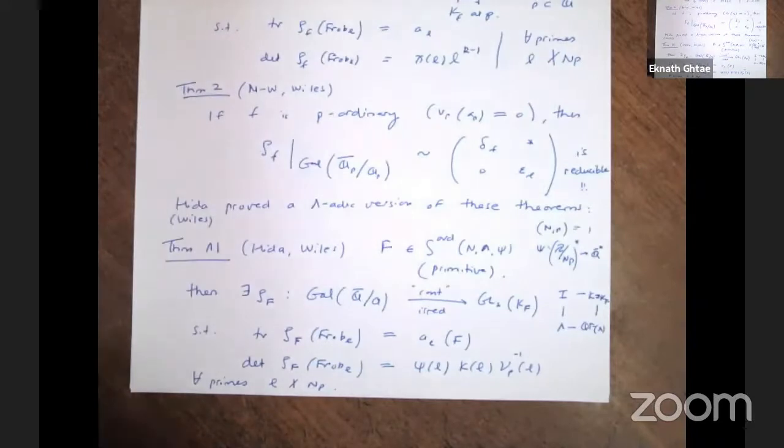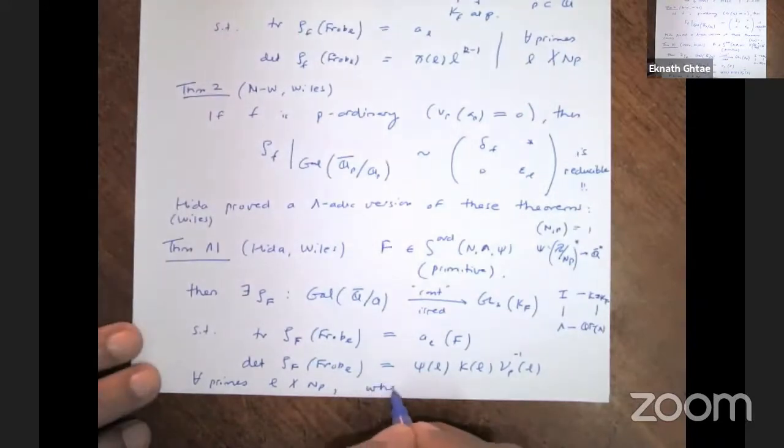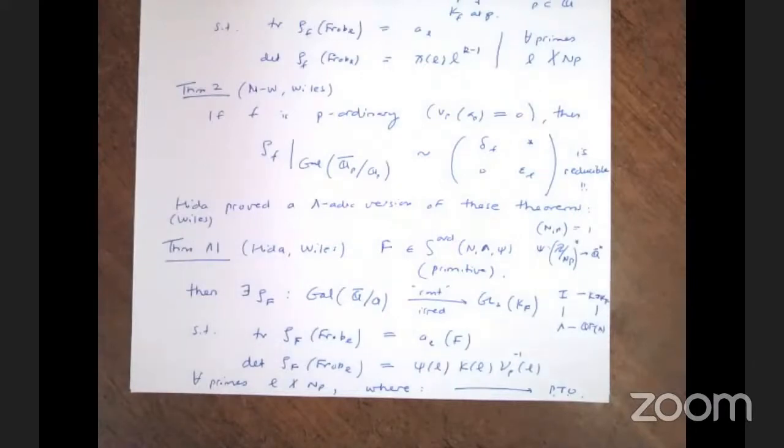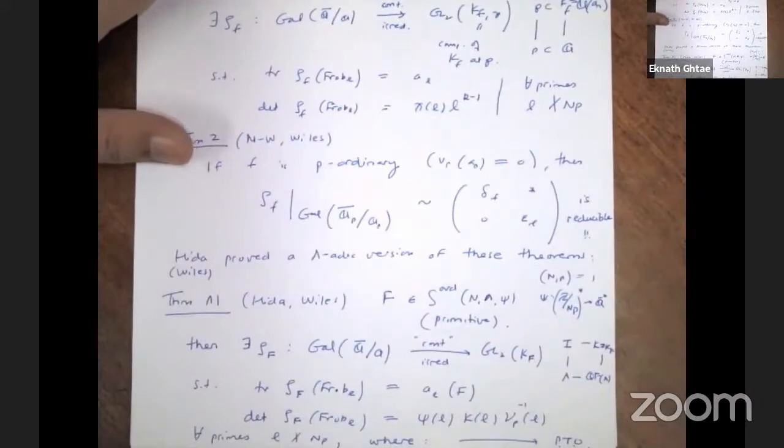Okay, where... Eknath, is that chi of l, or after psi of l, is it chi of l? I mean, in the last line. Psi. No, there's no chi so far in this picture.